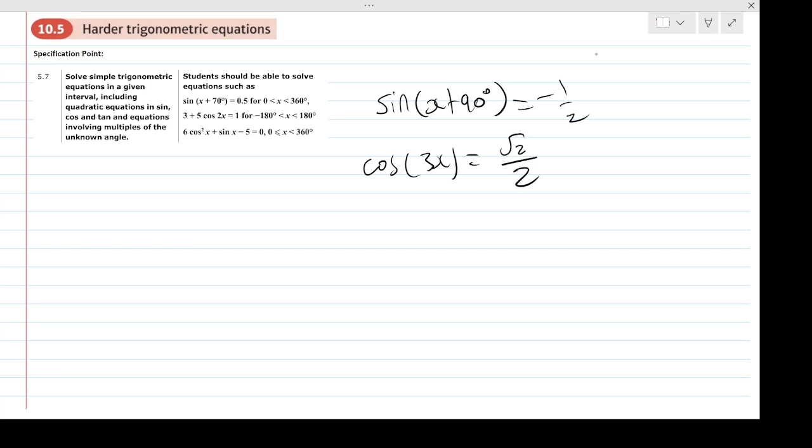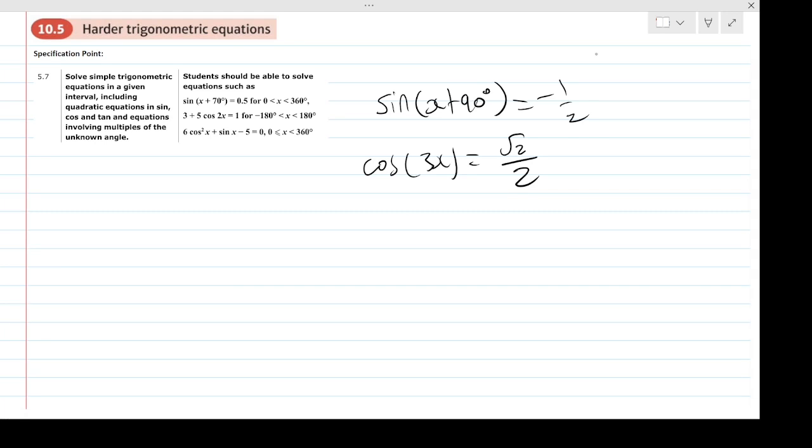So the angle is a bit more complicated. We don't just have angle x or angle theta. We have something more going on in the function. Here we have x plus 90 and 3x, so not just x, but 3x. And so it's a bit more of a step up.